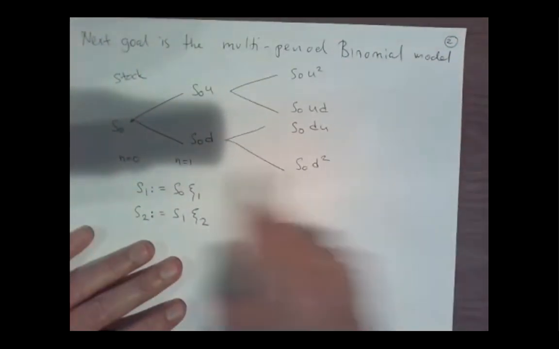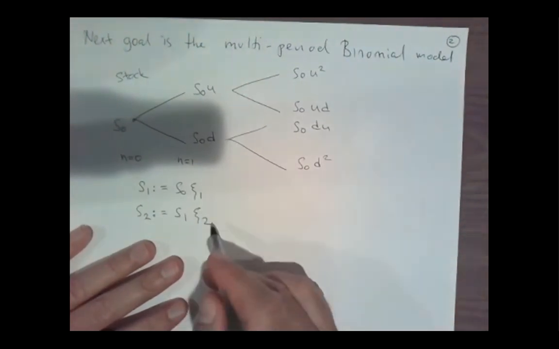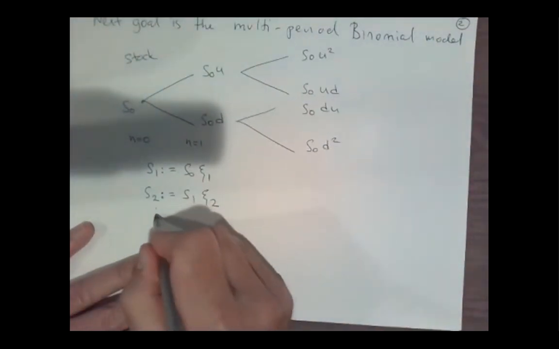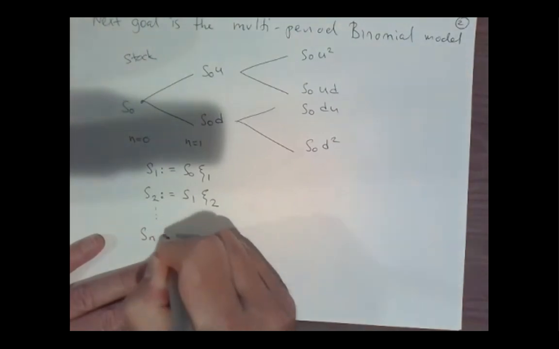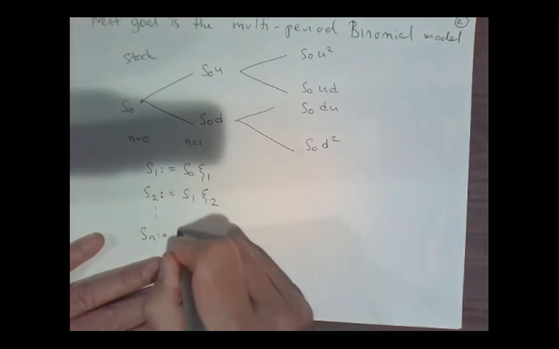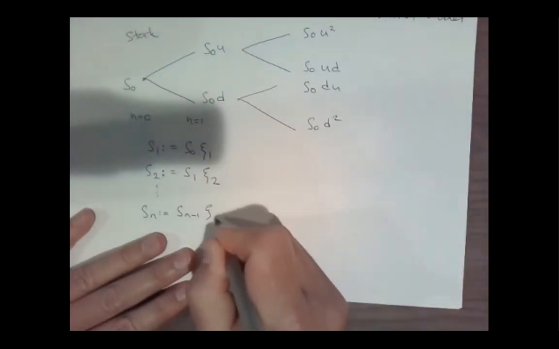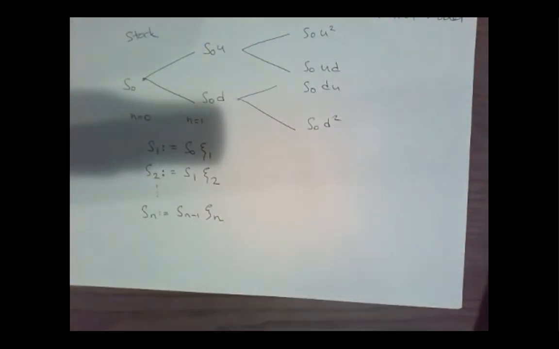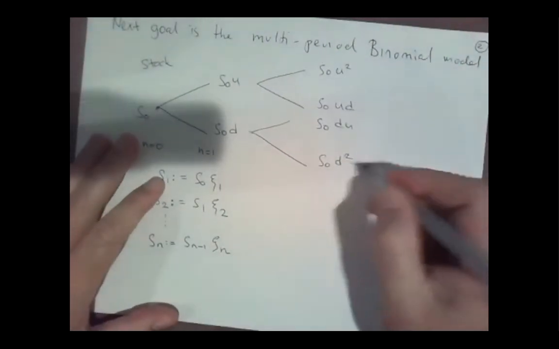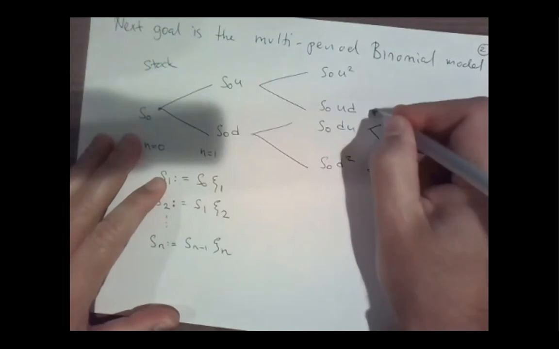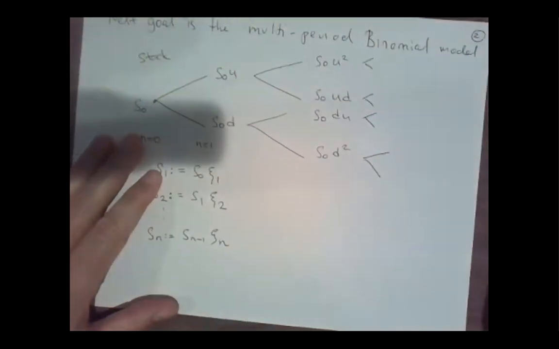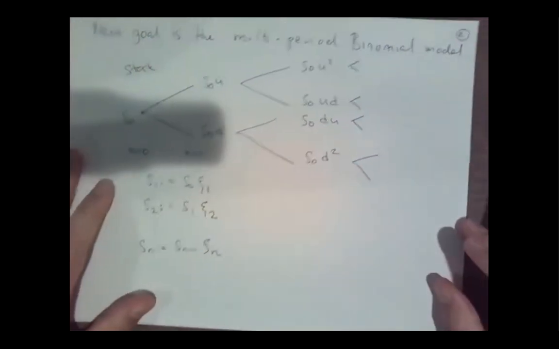So in a two-period model, we would have two coin flips. And we could keep going like this, so we could have an n-period model. The way we would do that is we would take the previous stock price and multiply it by psi n, the nth coin flip. And so we could create a bunch of periods here.